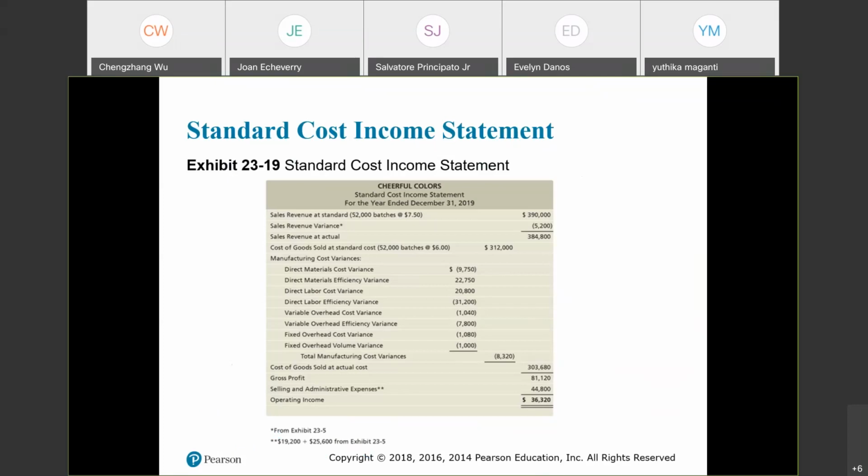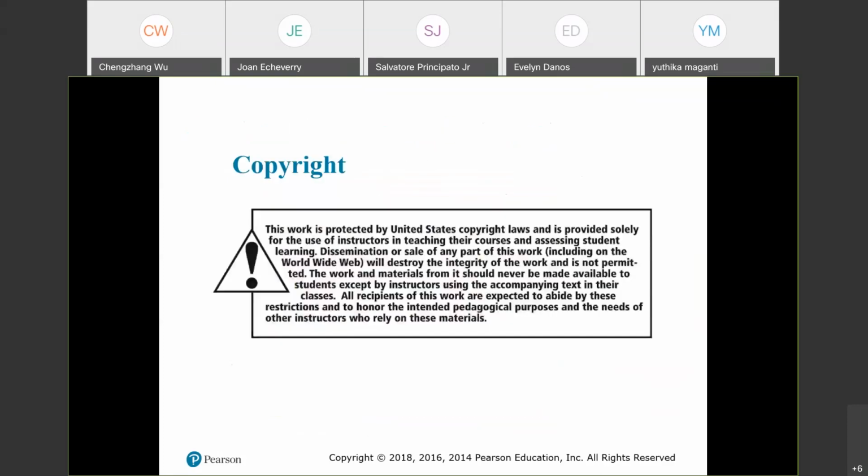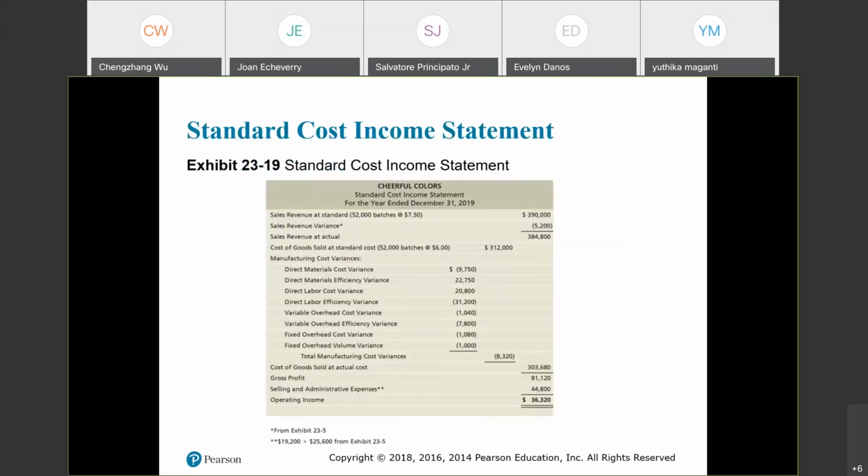Then the statement separately lists each manufacturing cost variance, followed by COGS at actual cost.